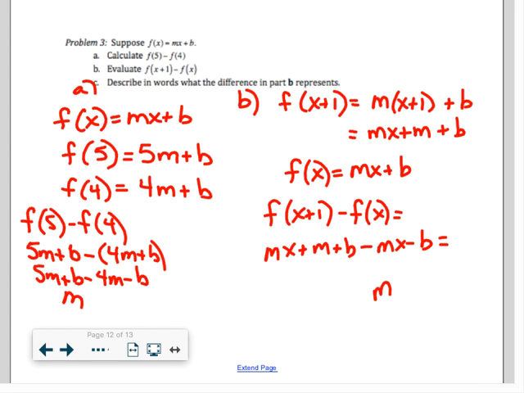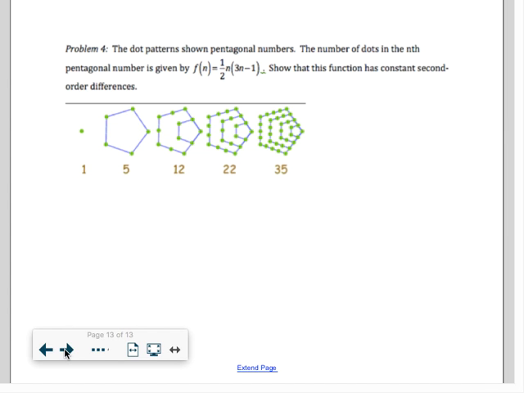All right, the next one. The dot patterns shown are pentagonal numbers. The number of dots in the nth pentagonal number is given by an explicit formula. Show that this function has constant second order differences. That just means find their differences.